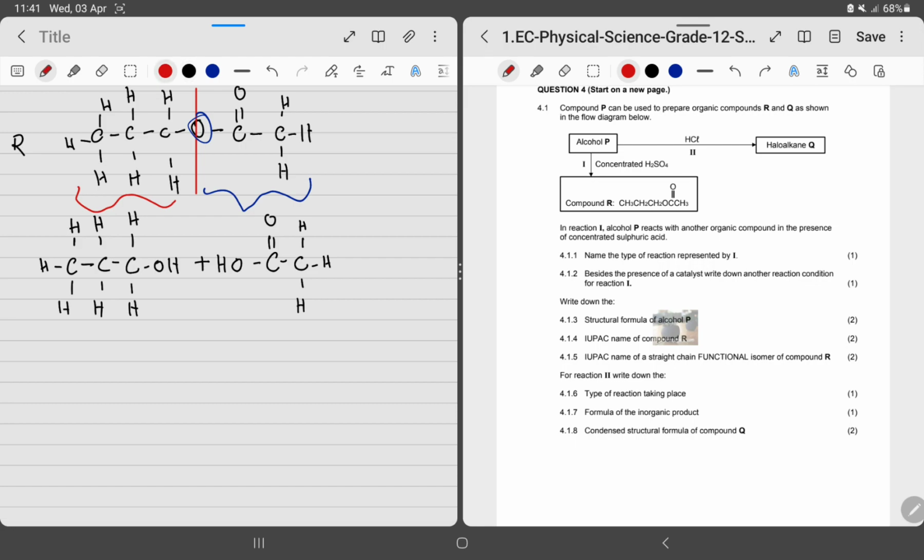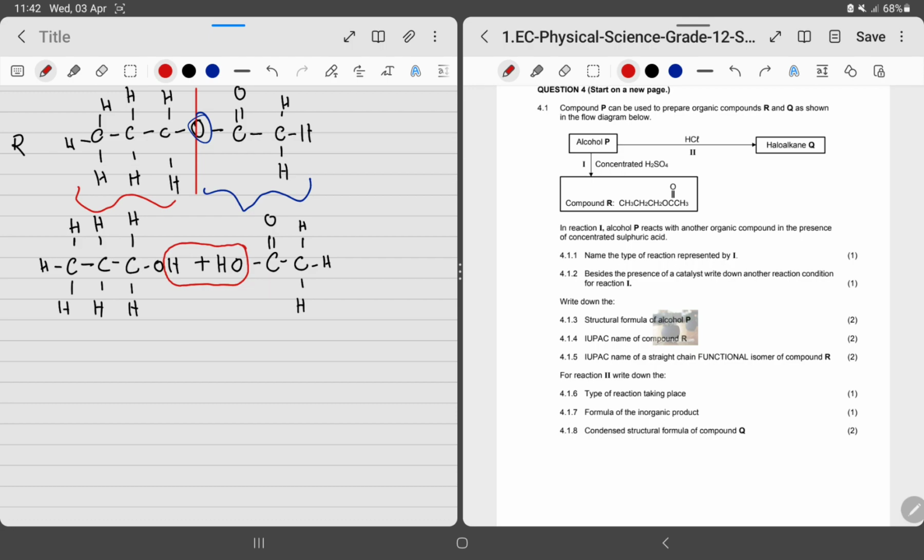When you are producing an ester from the alcohol and the carboxylic acid, you remove the water. So this is what you have to remove. It doesn't matter if you remove the OH from the right or from the left, as long as you are left with the oxygen atom that is going to connect to the other carbon.